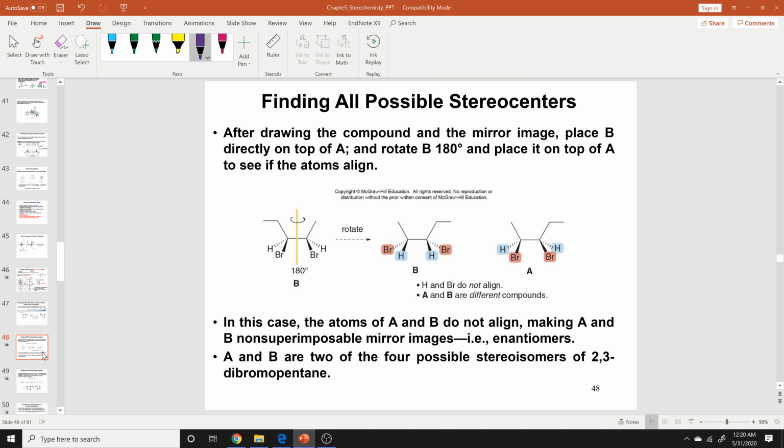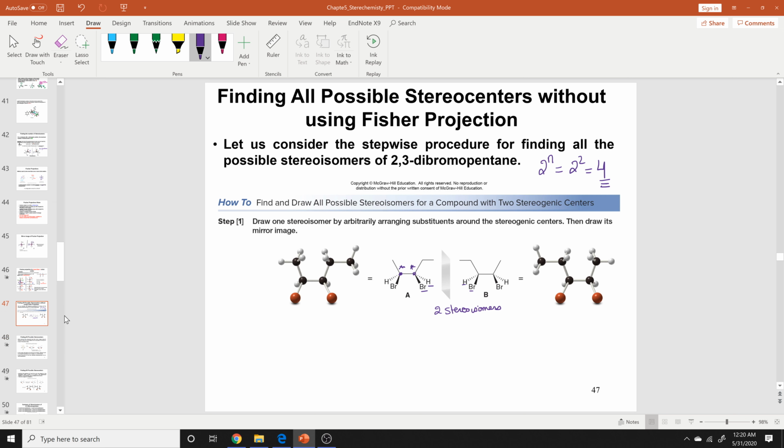As I did in the Fischer projection, you fix one carbon, you rotate the other. But before that, I just want to say one thing here. After drawing the compound, we want to make sure that A and B are not the same. They don't align and they shouldn't be the same.